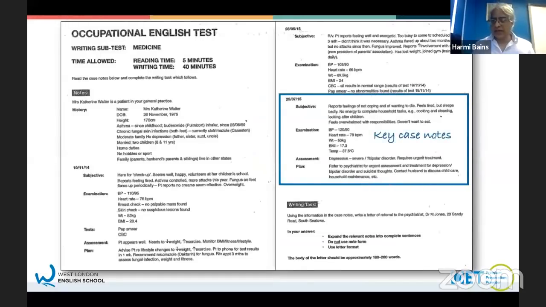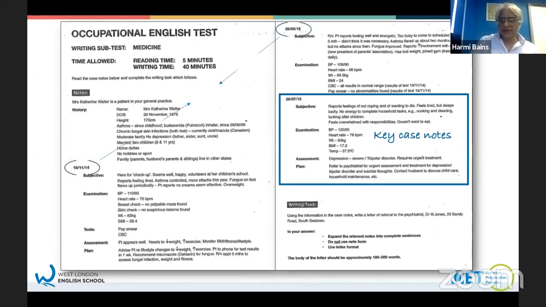If you have a look at the case notes, all of the key case notes really came in the last visit. So that's really what I wanted to talk about. I wanted to let the recipient know they're really important bits of information, and they came from the last visit. So it wouldn't really make sense if I went chronological and I started going backwards to the most recent visit.